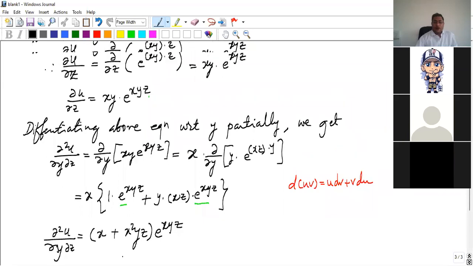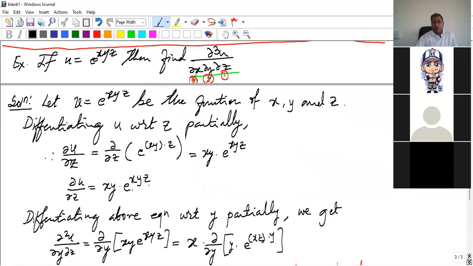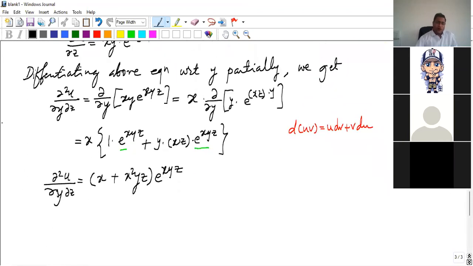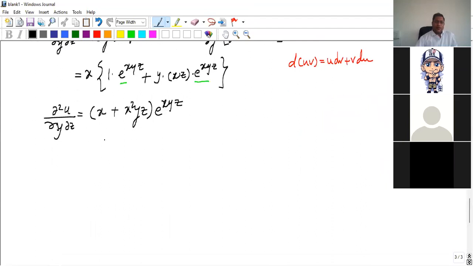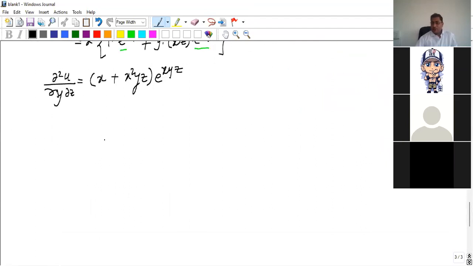Now you can see finally the third step. What we have to do is differentiate all of this with respect to x. Whatever we have got here, we have to differentiate with respect to x now. So let us differentiate.